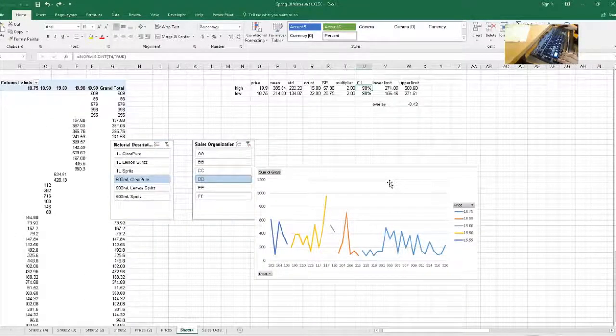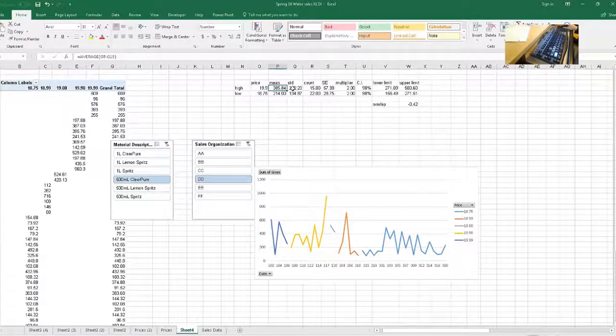So what's the conclusion that we could draw? Well, we're pretty confident that the higher price produced a higher gross profit for 500 milliliter clear pure, and that was the mean, and it had this standard deviation and standard error associated with the sample. But they overlap just a tiny bit.